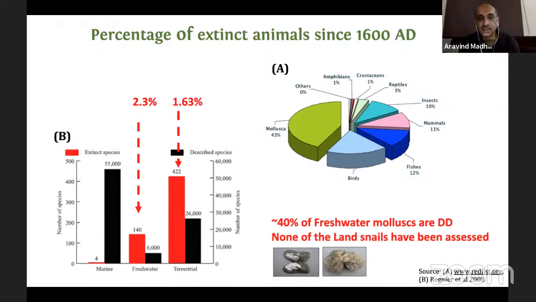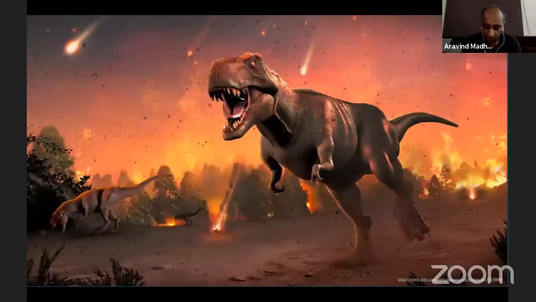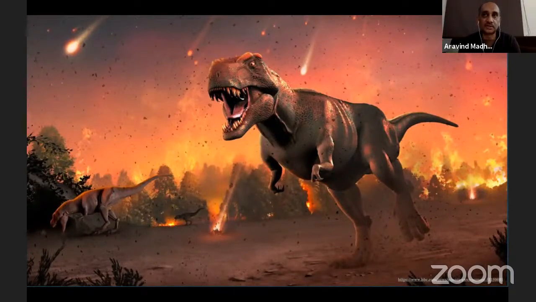So there is an urgent need to study the ecology, natural history and threats to freshwater mollusks of India or of the Western Ghats. And many of these freshwater mollusks have survived great catastrophes, like Deccan volcanism or meteoritic impact, which the dinosaurs failed to survive.